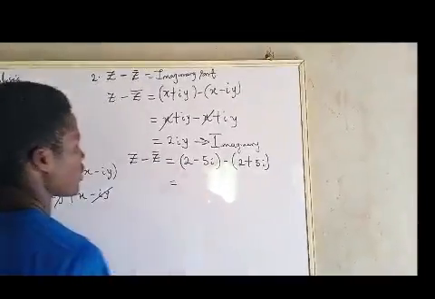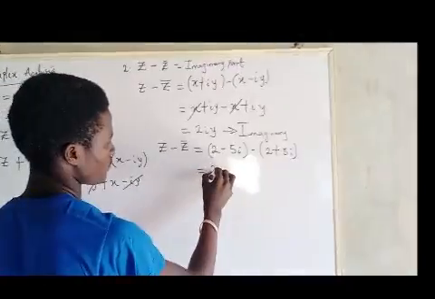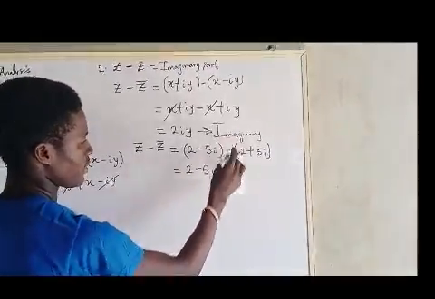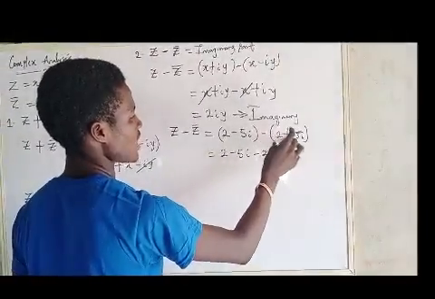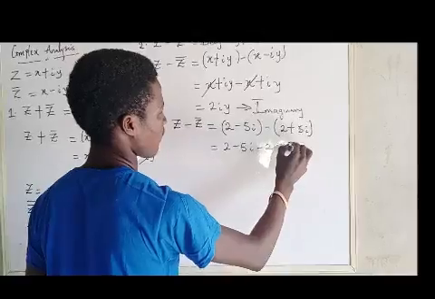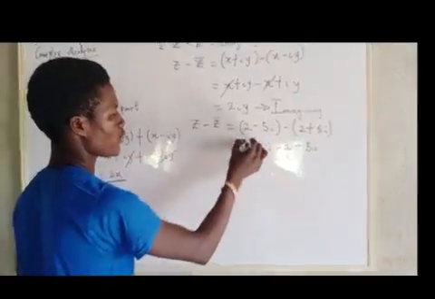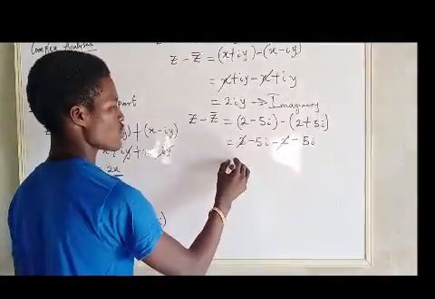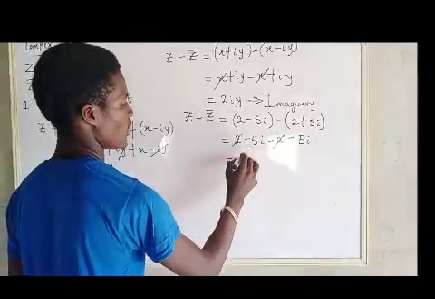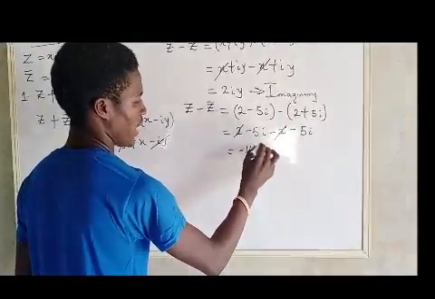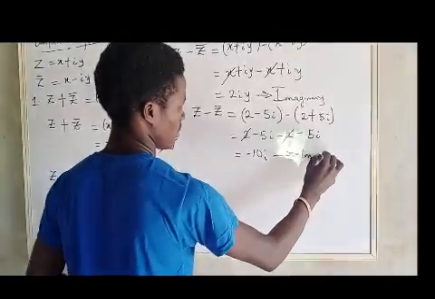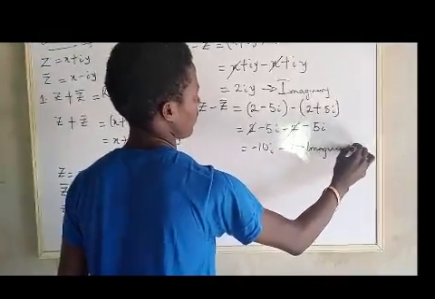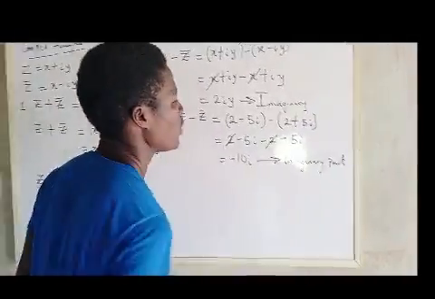So that would be what? 2 minus 5i, minus times plus 5i will give us minus 5i. Now you can see that the 2 will cancel minus 2, and minus 5i minus 5i will give us minus 10i. You can see that it is an imaginary part. Do we get that also?